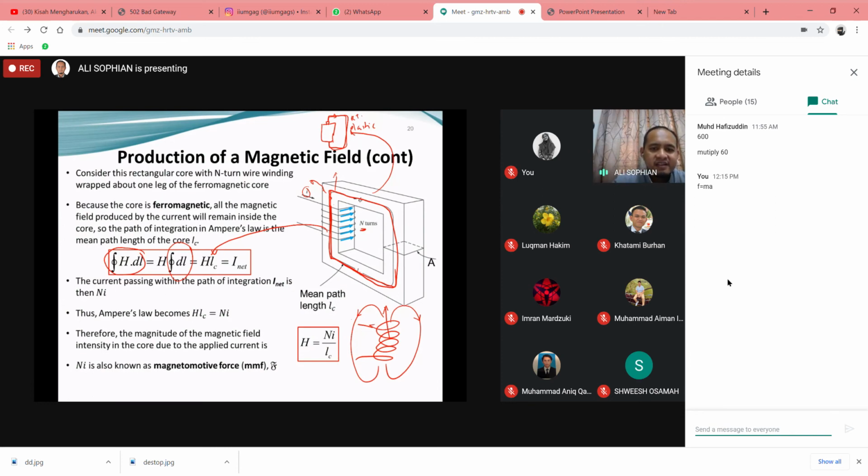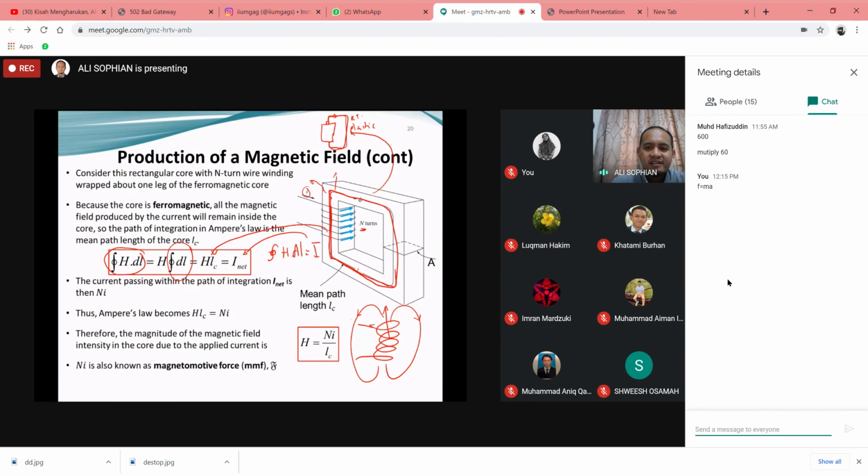Remember the original equation was the closed loop integral of H dot dl equals I net, and I net is the current that flows into the loop.